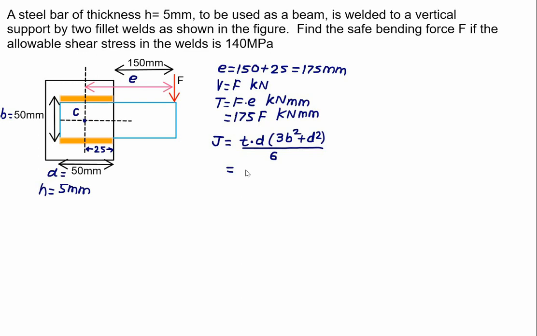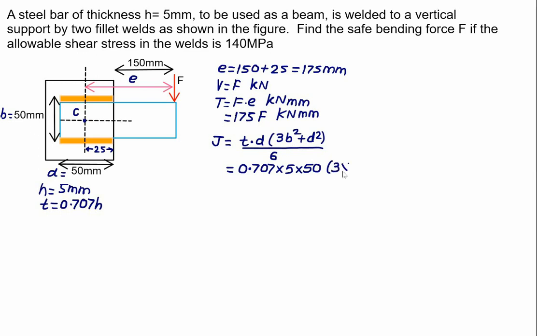So the total polar moment of inertia: T is 0.707 multiplied by H, which is equal to 5. So the throat is replaced as 0.707 multiplied by H multiplied by D, that is 50, into 3 times B square, B is also equal to 50.